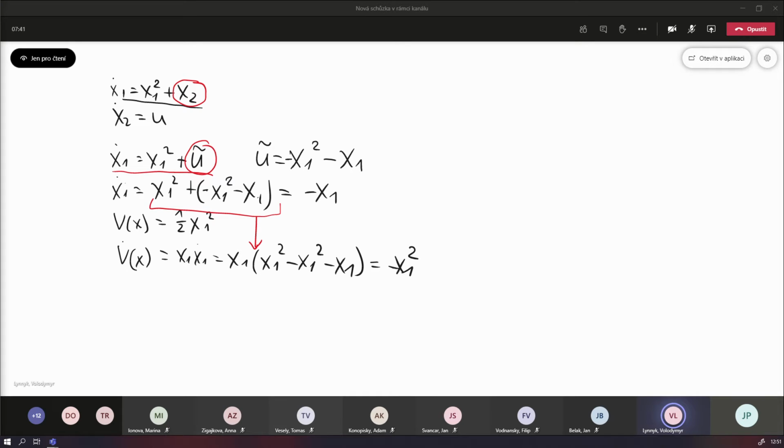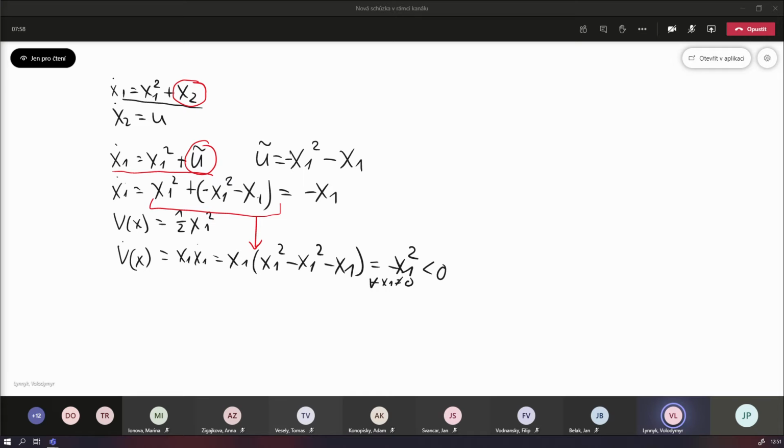We check that this system is globally asymptotically stable. This first row is stable, since V dot is less than 0 for all x1 not equal to 0.